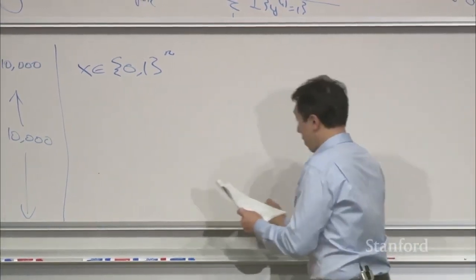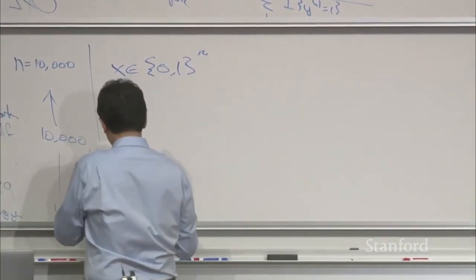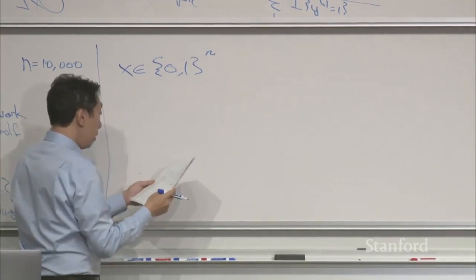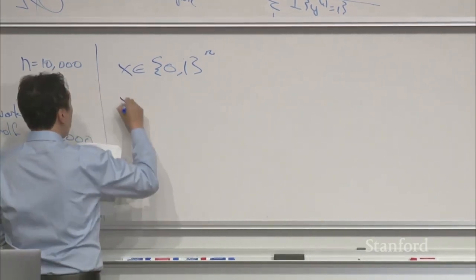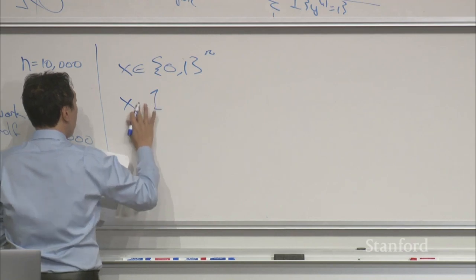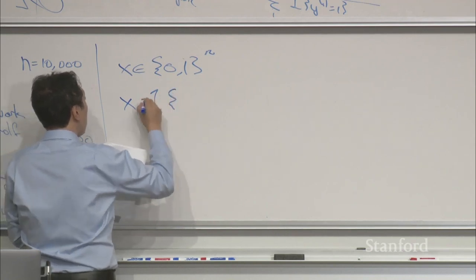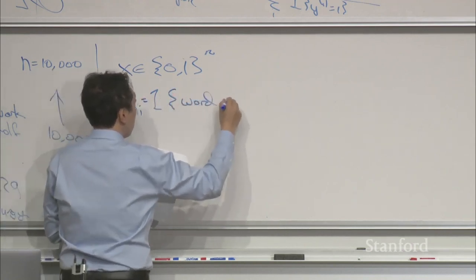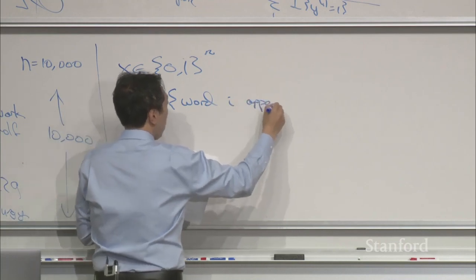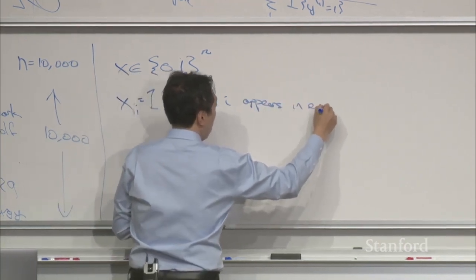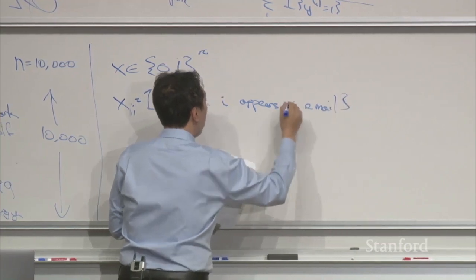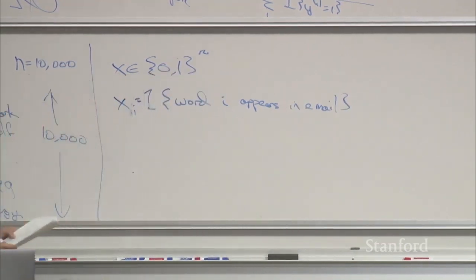So in other words, x_i is the indicator of whether word i appears in the email. So it's either 0 or 1, depending on whether or not that word i from this list appears in your email.